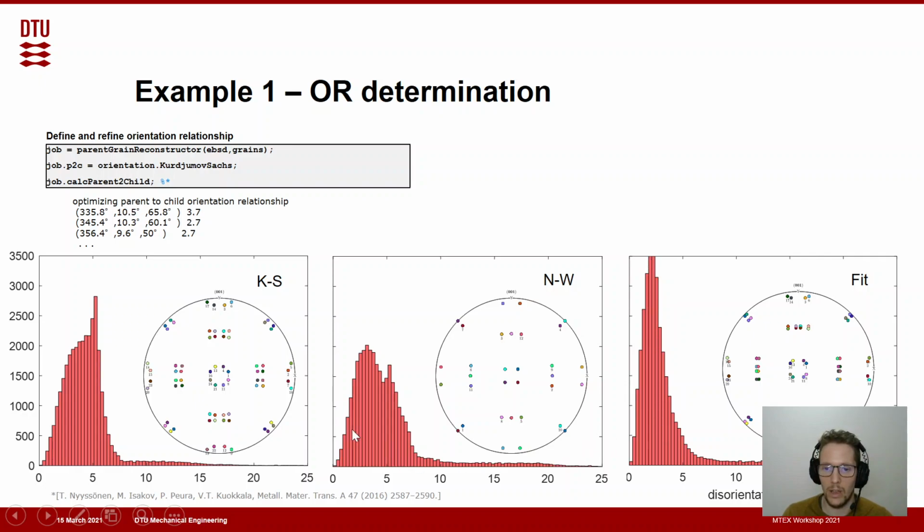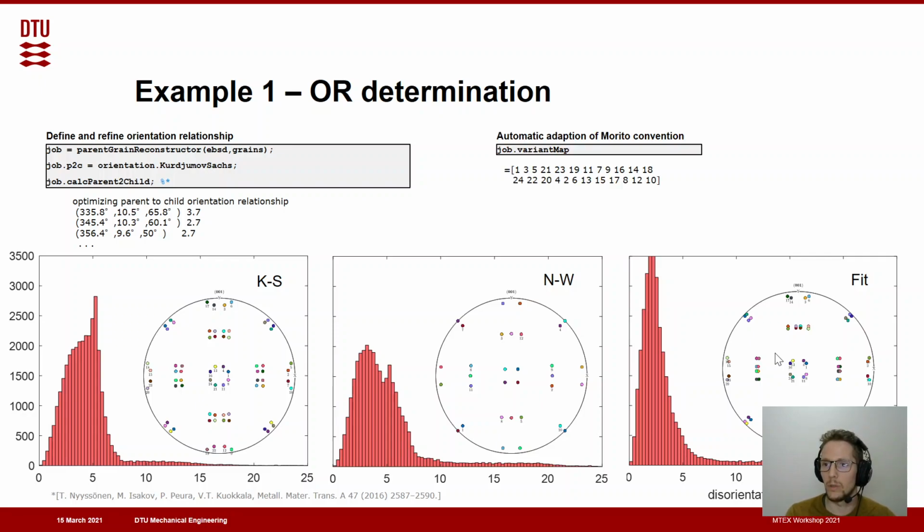We can see we're far better than with the Kurdjumov-Sachs or Nishiyama-Wassermann orientation relationship. And we can in fact see, if we look at these variants right here, that the Kurdjumov-Sachs variants have moved closer together, but not as close as they would in the case of Nishiyama-Wassermann. So we're kind of somewhere in between those two orientation relationships, it seems, which kind of confirms what we saw earlier.